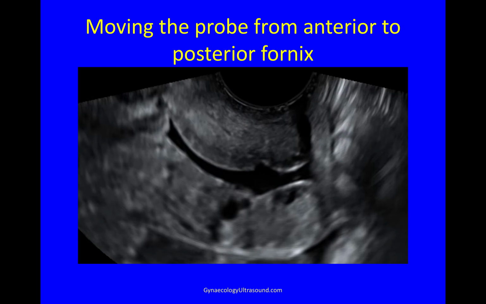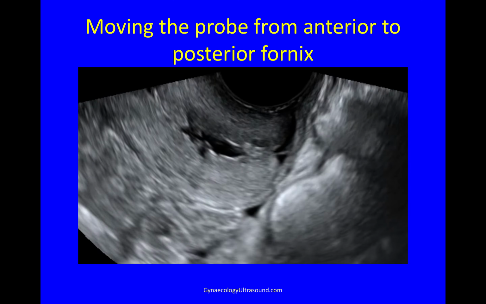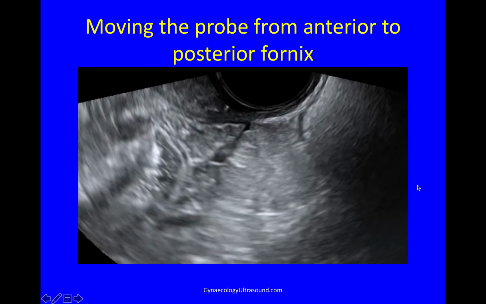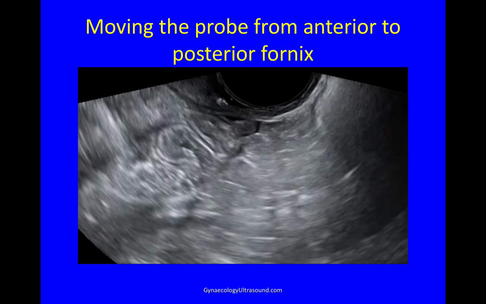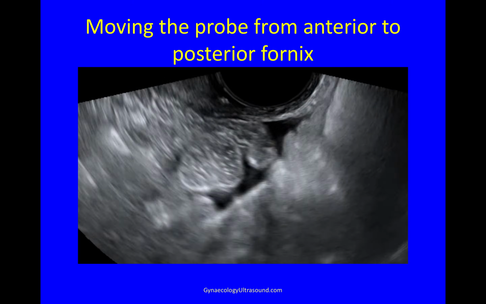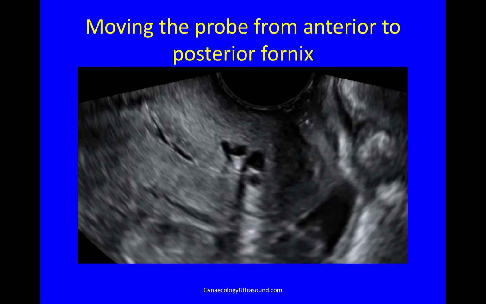So there's the normal sliding sign. I'm pulling it out slightly, angling it backwards. And there you can see posterior vaginal wall, and the probe is now going into the posterior fornix. And that allows me to see the pouch of Douglas and the bowel in a lot more detail. It's much easier this way to see bowel nodules. I'll just show you that one more time.